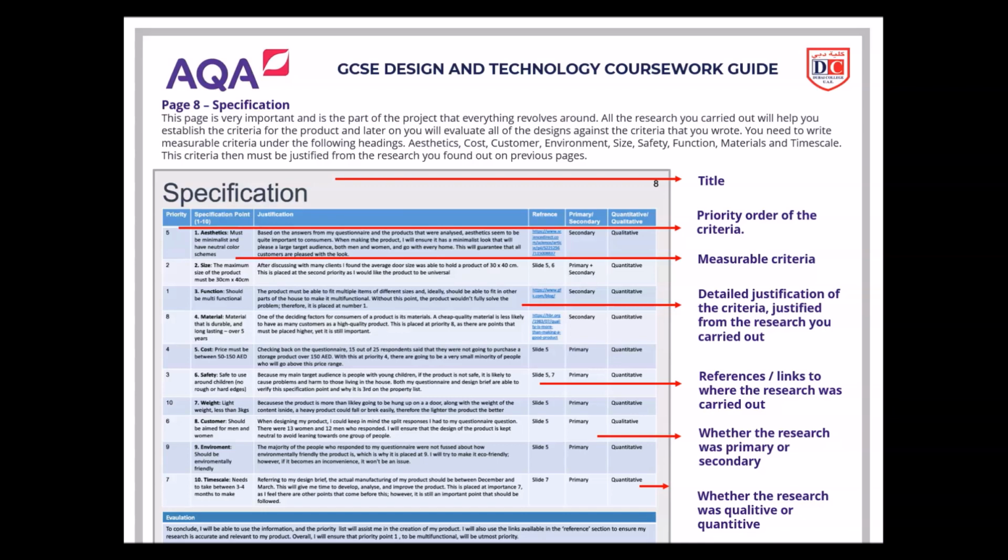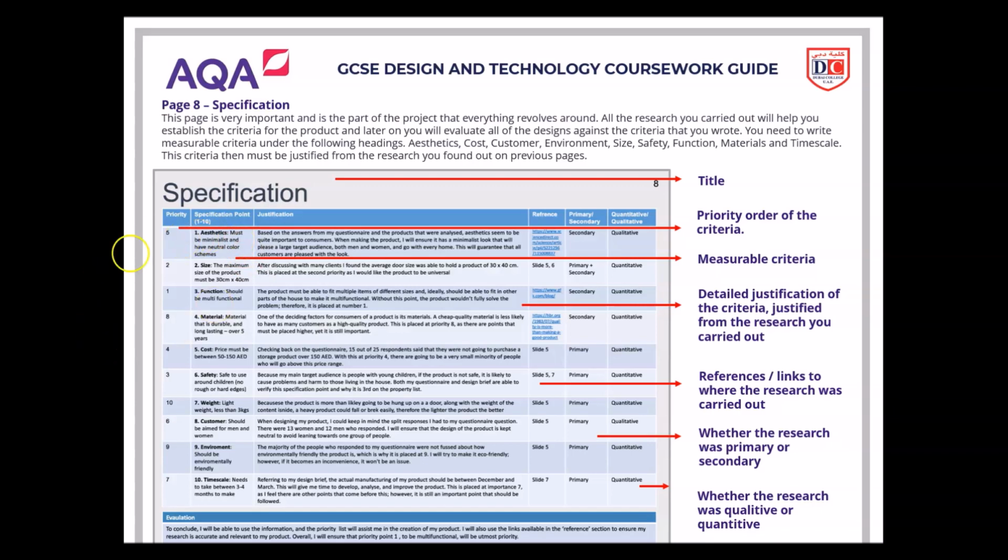So you're going to comment about colour, you're going to comment about style, you're going to comment about form, texture, things like that. We then need to go into cost and how much the maximum cost would be for the product, the customer, the size, the safety, the function, the materials, and the environment. We then need to comment about timescale.